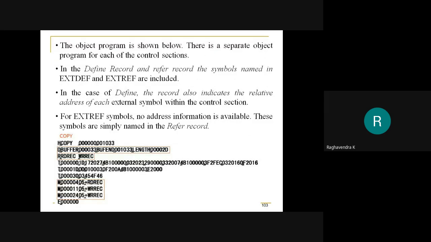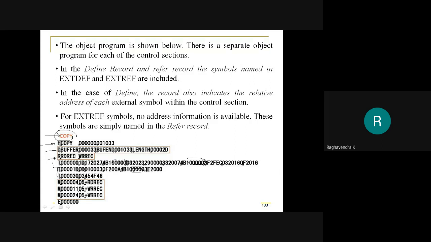As you can observe here, this is the control section copy, which is the main subroutine. So header record, define record has been given, refer record has been given, and as usual, all the text records. Of course, all the text records contain 0 values here. Whichever had the external references, all of them have been put as 0000.